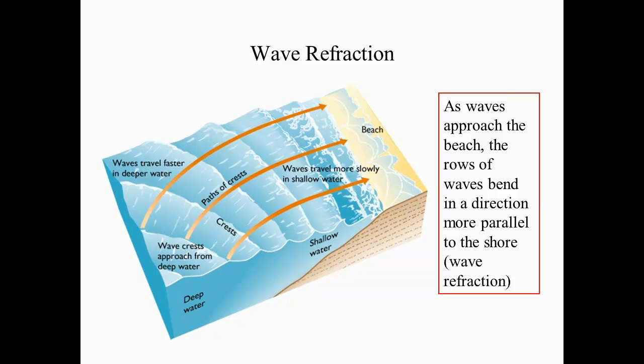Now we can also look at what's called wave refraction. As waves approach the beach, the rows of waves will then bend in a direction more parallel to the shore, and this is what's referred to as wave refraction.